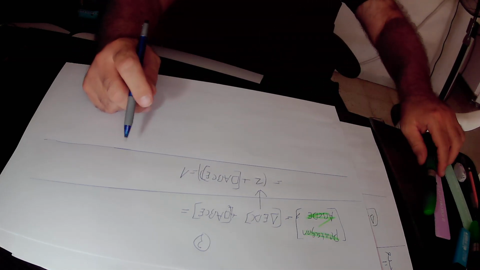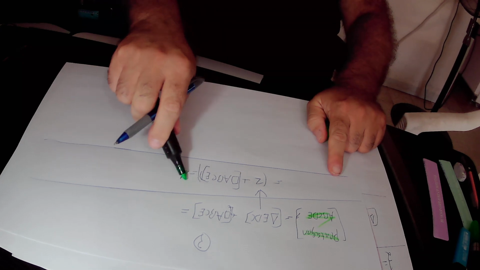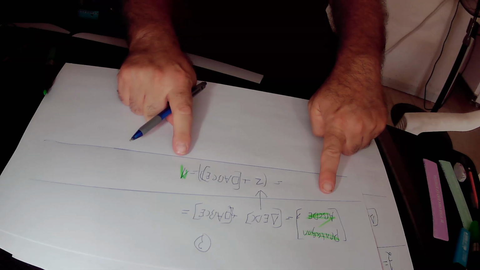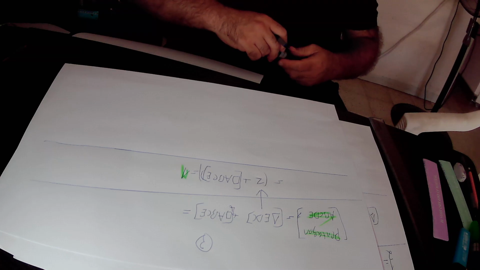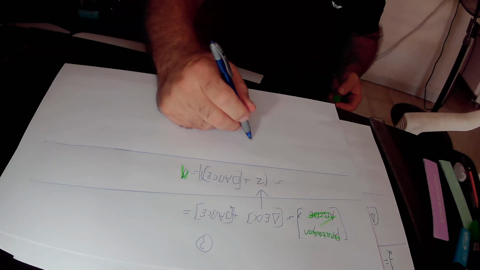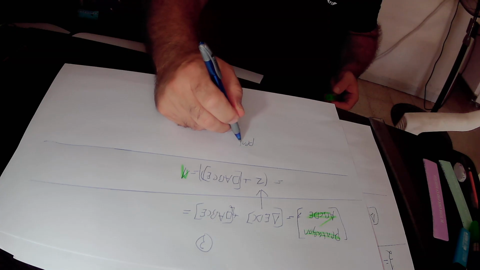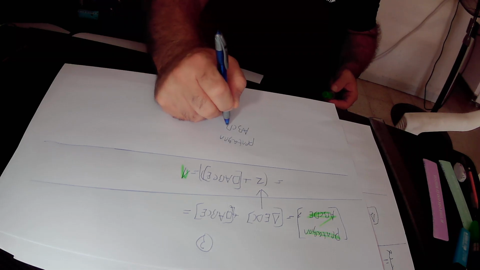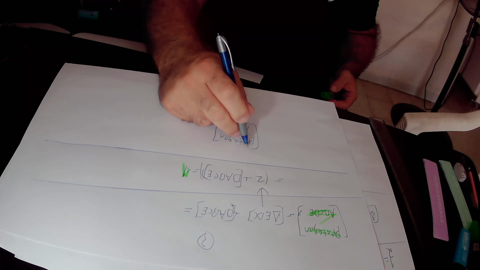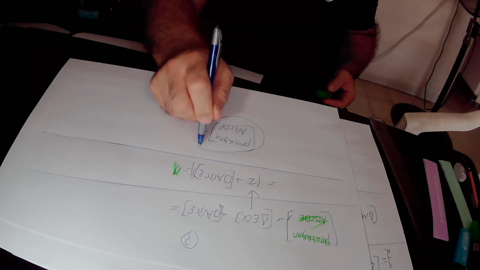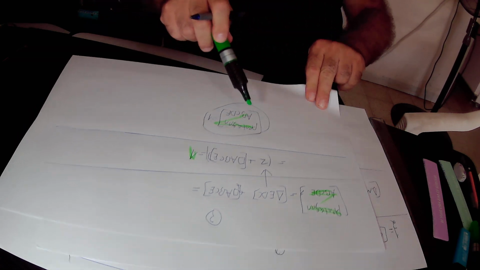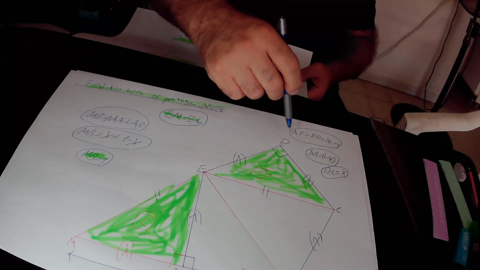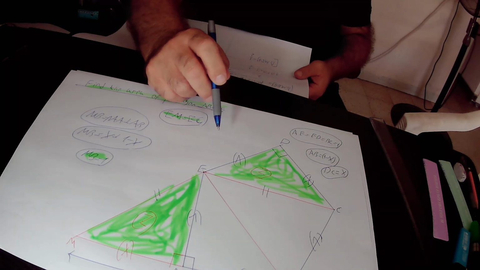And from this equation, we derive that the area of the big pentagon ABCDE is equal to 1 square unit in size.